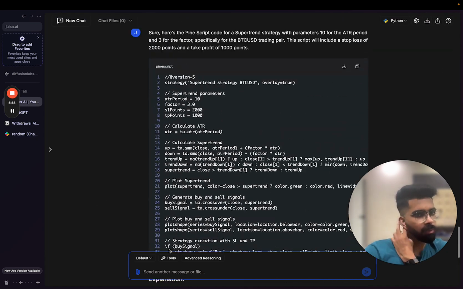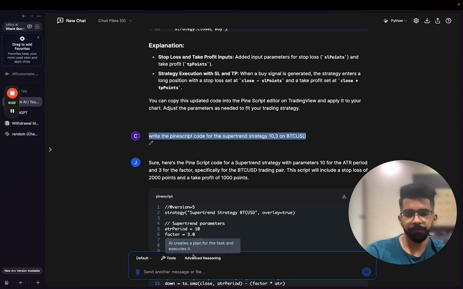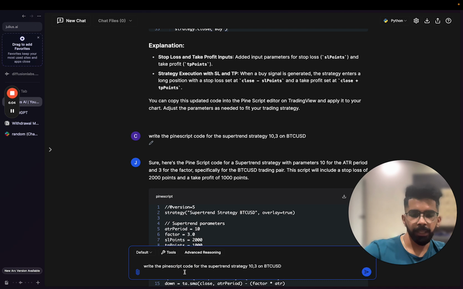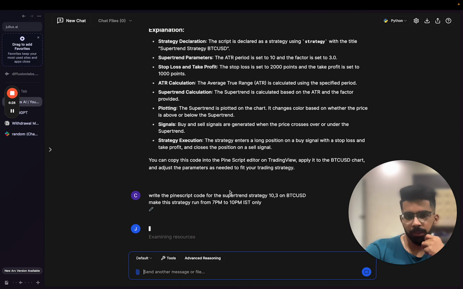So we just copy our previous prompt and write in front of it, make this strategy run from 7 p.m. to 10 p.m. IST only. So now this strategy will only run from 7 p.m. to 10 p.m. Indian Standard Time, and this is how Julius will output us the code.